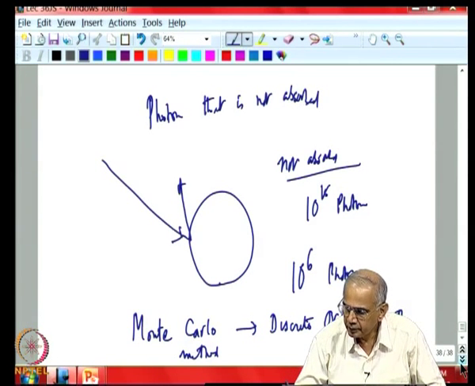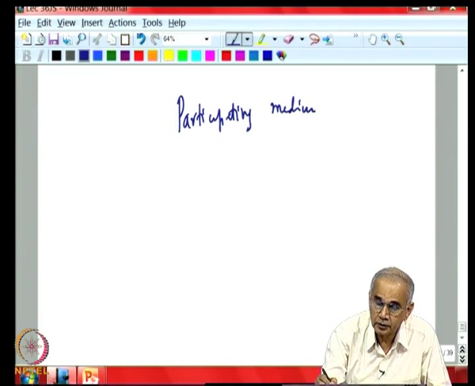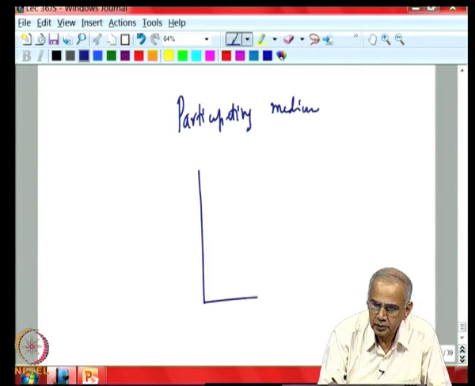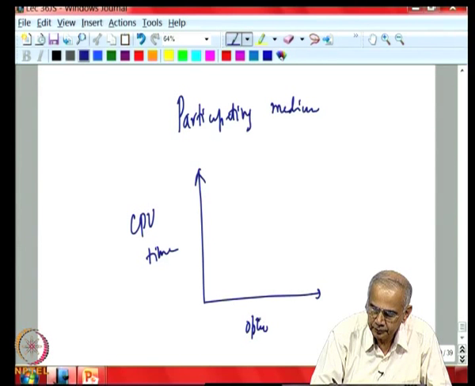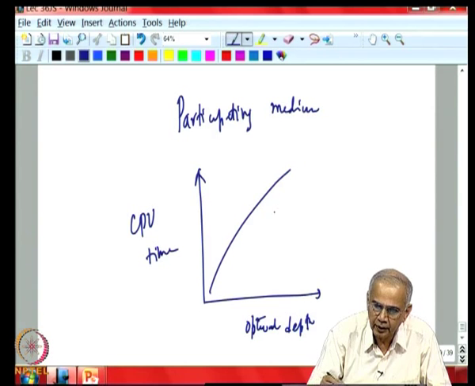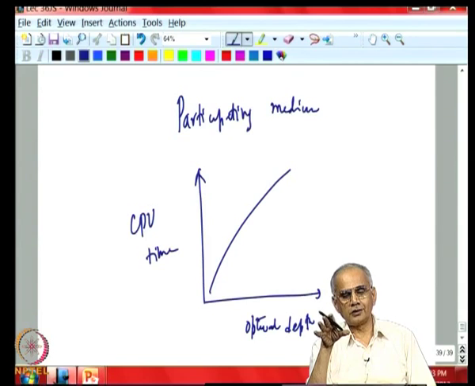The other thing that must be remembered is that in a participating medium, like a gas or particles, the CPU time required will depend on optical depth. So, as optical depth increases, you will find that CPU time will go on increasing, and this is very easy to understand as long as you have a gaseous medium which is absorbing, scattering and emitting radiation.